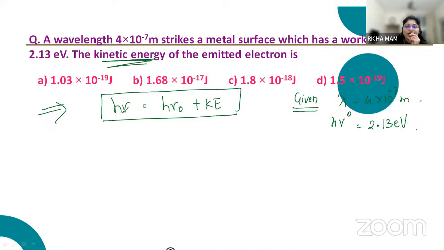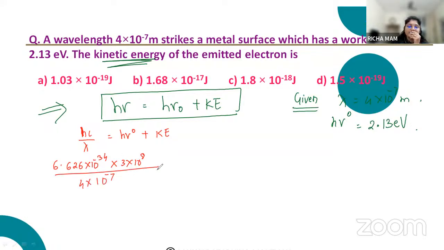What is h nu? h nu is hc by lambda, which equals h nu naught plus kinetic energy. Now put the values. h is 6.626 into 10 raised to minus 34, c is 3 into 10 raised to 8, and lambda is 4 into 10 raised to minus 7.